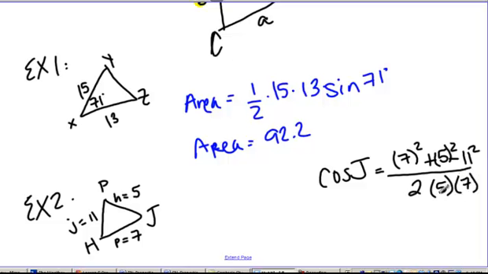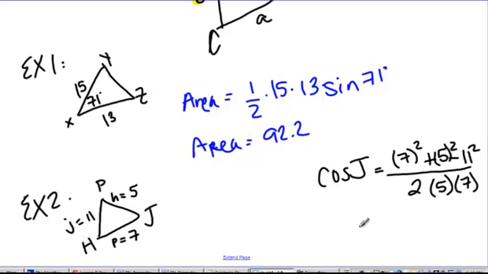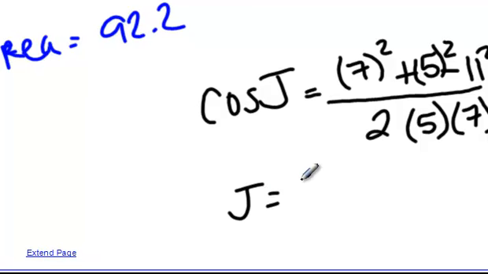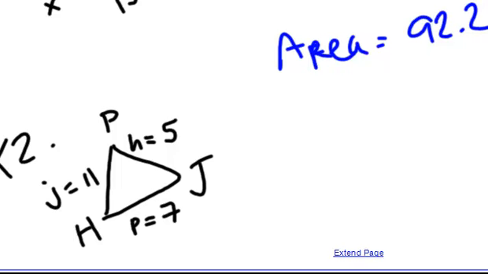So all I did is, it's still the same formula for law of cosines, it's just solved for angle J. Once you plug that into your calculator, you'll get angle J is 132 degrees.